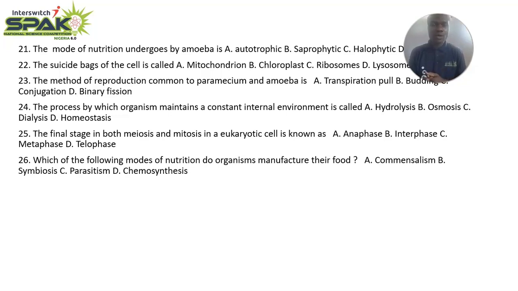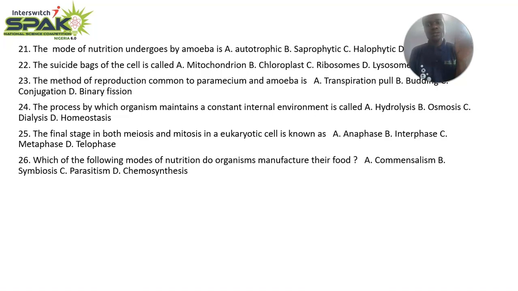In parasitism, one organism depends on another organism, living inside the body of the organism or outside. So we can talk about endo and ectoparasite. But chemosynthesis is a form of autotrophic nutrition. When you talk of autotrophic nutrition, auto means self, a form of nutrition whereby an organism is able to manufacture their own food by themselves.